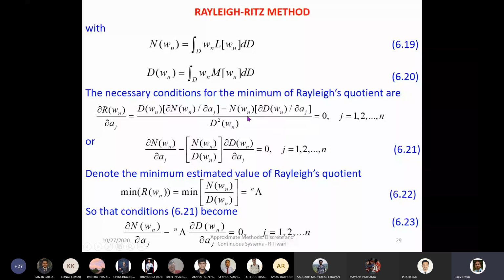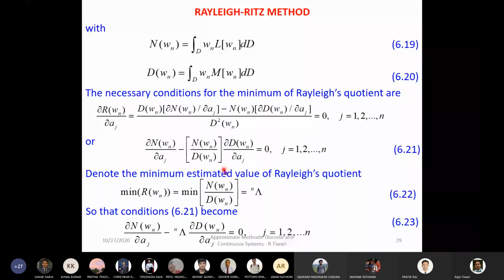Now this is equal to 0. That means we are minimizing the Rayleigh's quotient with this condition. Whatever value of a we get from this expression will minimize the Rayleigh's quotient. And we have seen that if we minimize the Rayleigh's quotient, we will get the eigenvalue close to the actual one. Now this expression is simplified. This will give us this if we divide by dn. So we got this expression from the previous one.